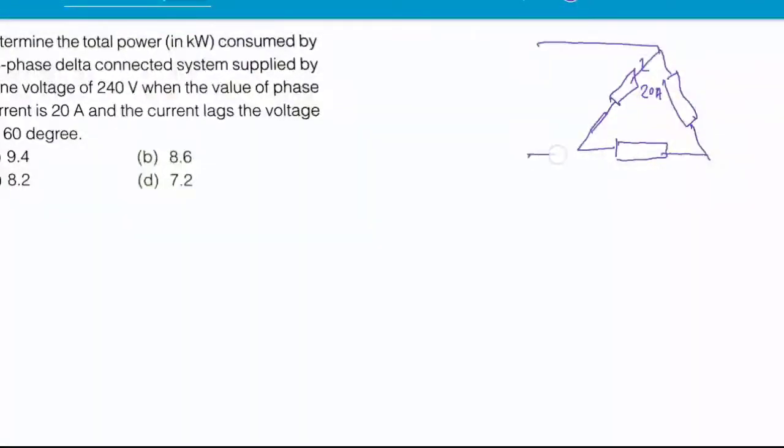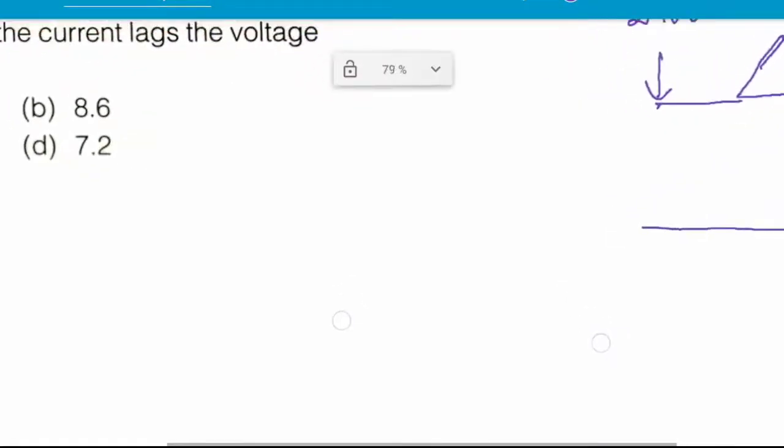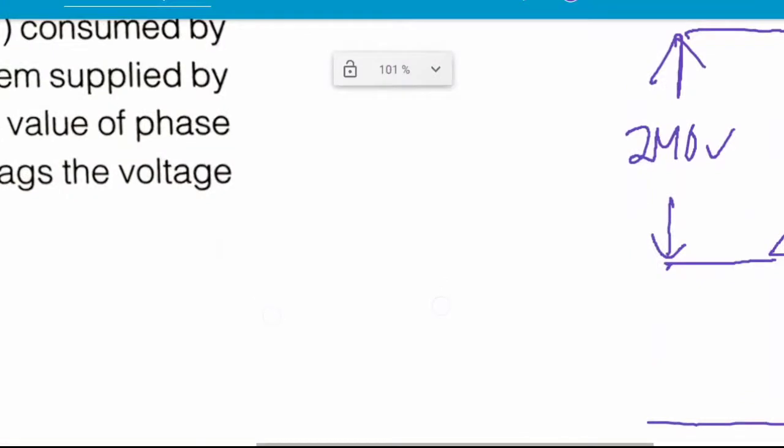and this one is the line, 240 volt is the line voltage, and here line voltage will be phase voltage because this is delta connected, and the given one is also RMS.